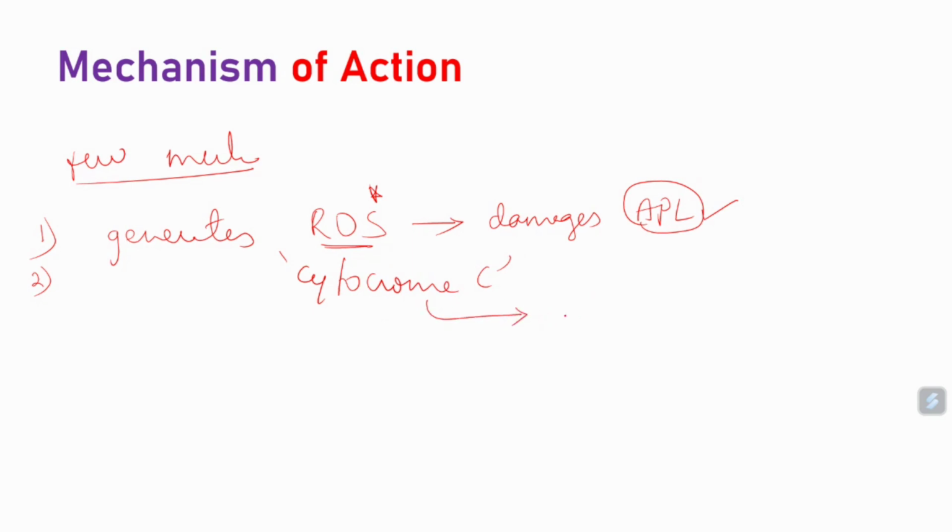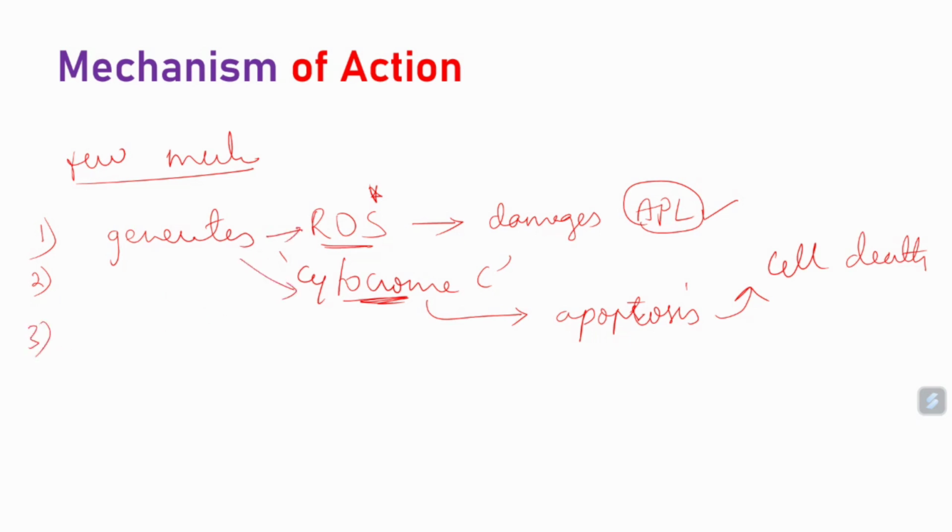It causes apoptosis. Cytochrome C induces cell death. So all the prolymphocytic cells the patient has are degraded due to this cytochrome C protein. This is the second mechanism. It generates ROS and also produces cytochrome C.